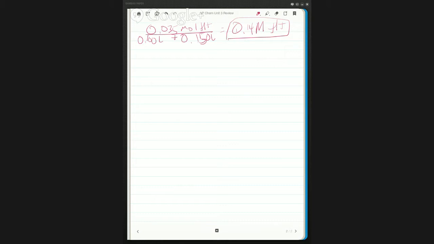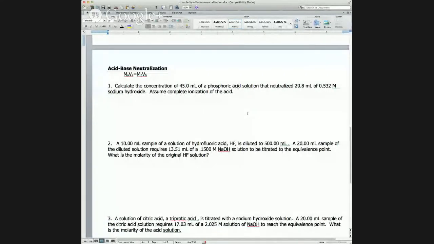All right, now we're going on to Ephraim's question, number 1, on the acid-base neutralization side. Number 1: a neutralization of phosphoric acid with sodium hydroxide.